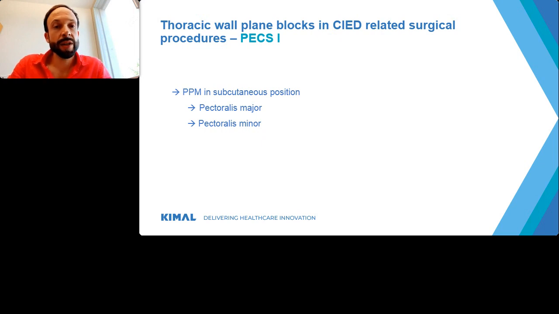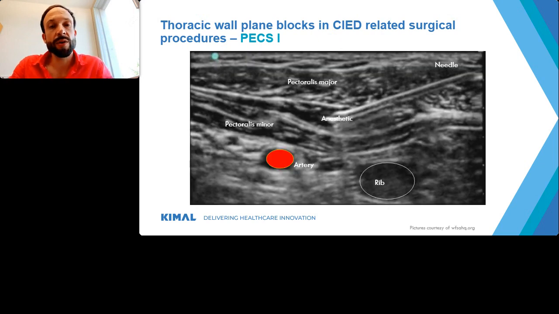Here you can see an ultrasound picture of the pectoralis major and the pectoralis minor. And from the right upper angle, there's the needle, which is highlighted now, coming into the fascia between these two muscles. As borderline structures, you can identify the artery and the rib down below.